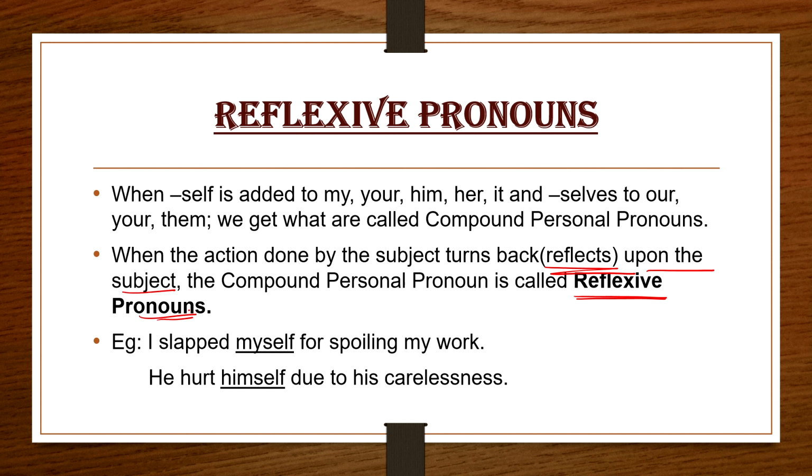For example, I slapped myself for spoiling my work. He hurt himself due to his carelessness. So, basically here the action done by the subject is reflecting upon the subject. So, these are known as your reflexive pronouns.